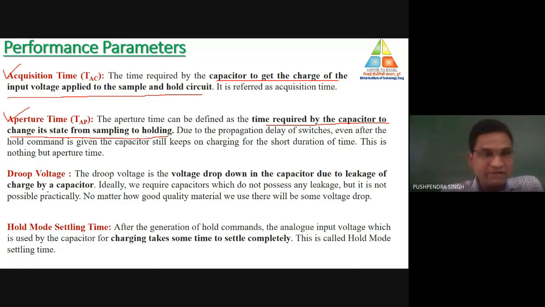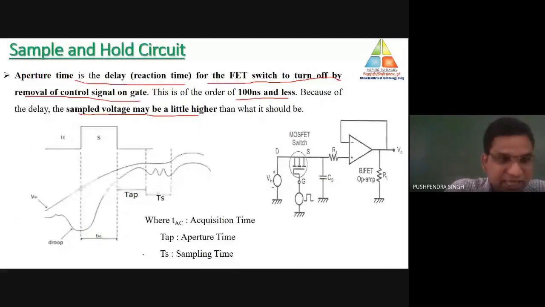Third one is droop voltage. Droop voltage is the voltage drop in the capacitor due to leakage of charge by the capacitor. I think in this figure it is clear. In ideal condition, the hold voltage should be constant.